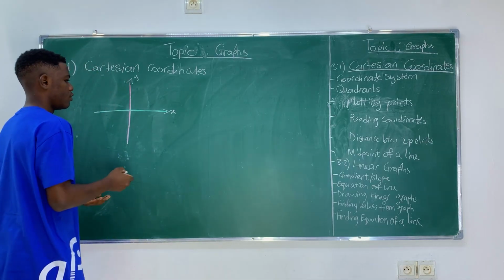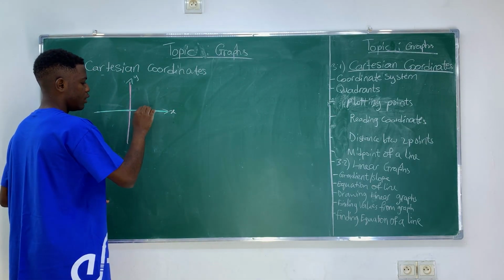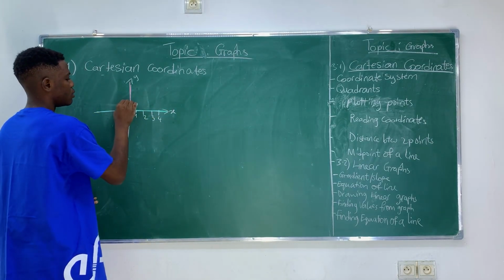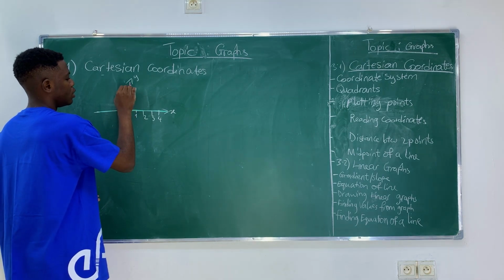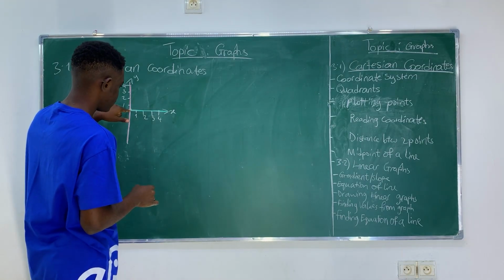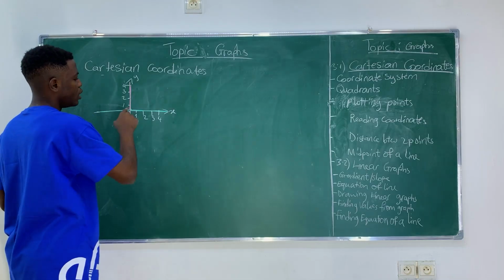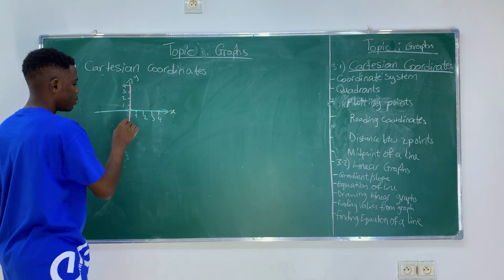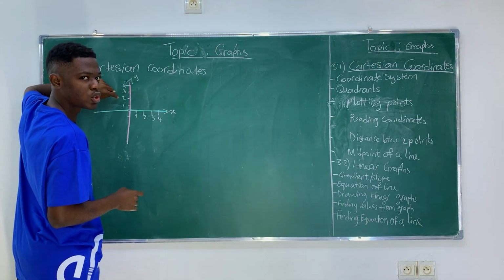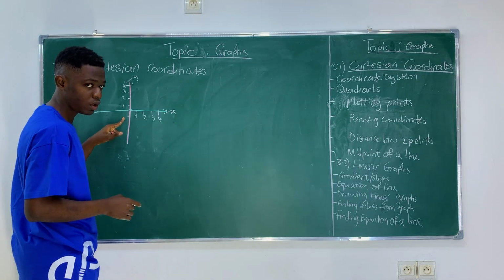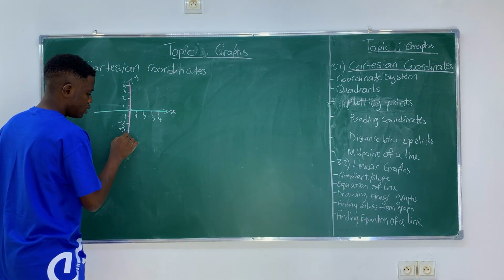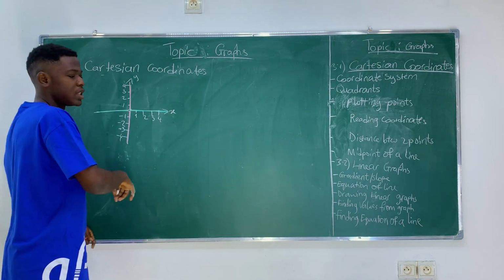On the axis you have values like 1, 2, 3, 4. It continues: 1, 2, 3, 4. The middle area is 0, so the starting point is 0. You can have 1, 2, 3, 4 going on forever. Going down, you have negative 1, negative 2, negative 3, negative 4, on the negative side.